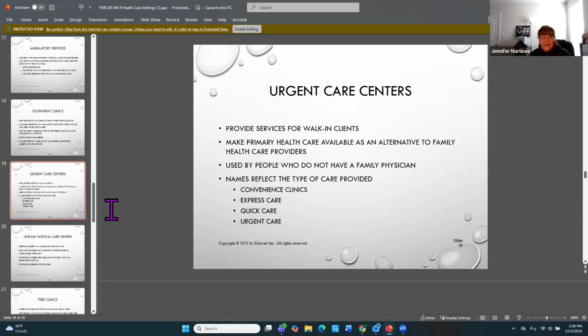Big thing with urgent cares or even with the quick care is educating our patients as to which ones are appropriate to go to, right? Because they're often not attached to a hospital. If it's a life or death situation, making sure that they go to the emergency room, right, and not the urgent care. They may be able to stabilize them a little bit, but the goal is then going to be to get them to the hospital.